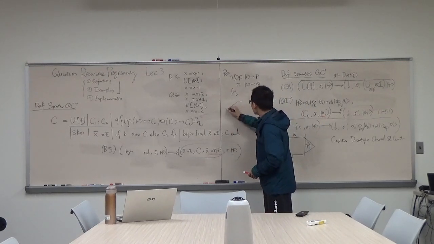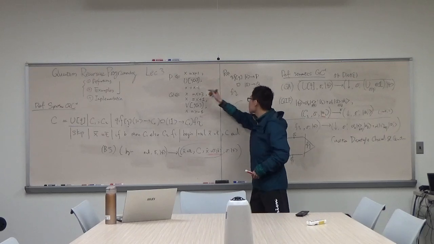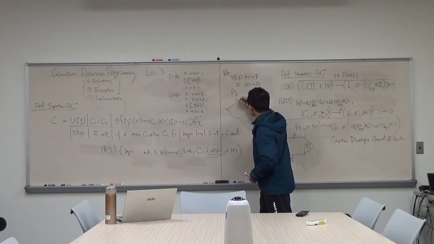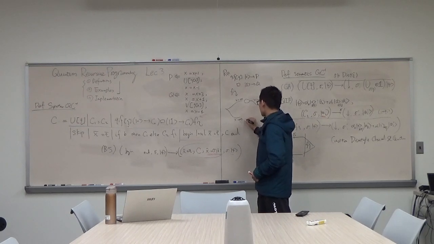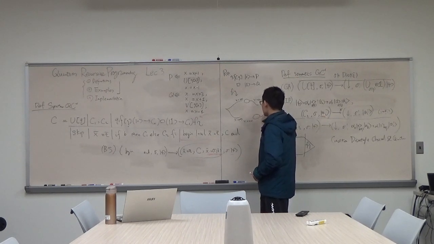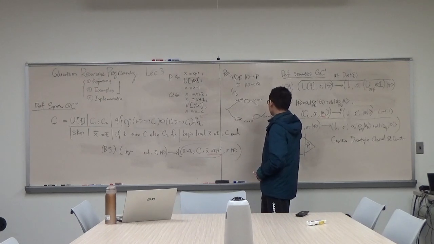When you execute the first quantum branch, it will first set x equals x plus 1, then do something, then x equals x minus 1. The second quantum branch will first do x equals x plus 3, then x plus 1, then do something, then x minus 4.